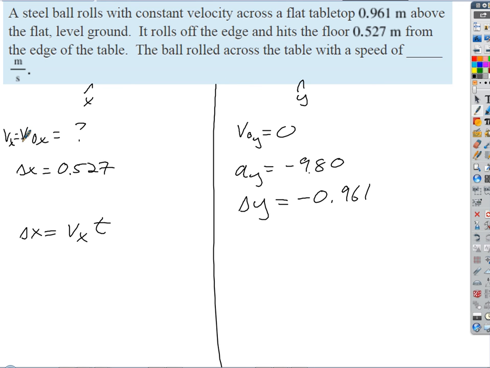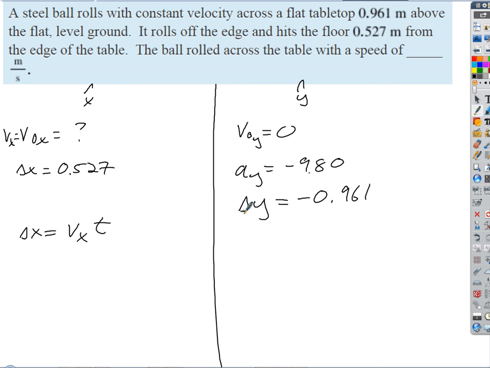Which one's it going to be? So we know initial velocity, we know acceleration, and we know displacement. So it's 3 again. Yeah, it's 3. But this time it's going to be easier because the initial velocity is 0, so that term drops away, right?